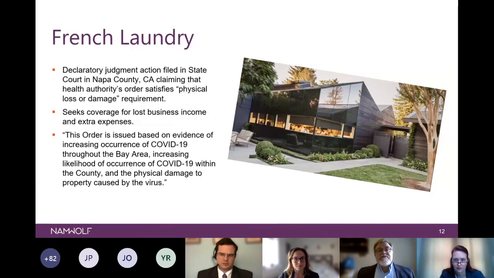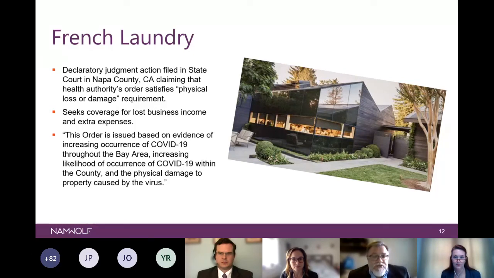Well, just based on the facts alleged in the complaint, this is an example of why the particular language of the policy and the particular factual circumstances of any claimant's loss is so important. The policy as alleged here did not contain a virus or bacteria exclusion, but actually extended coverage to loss or damage resulting from a virus.